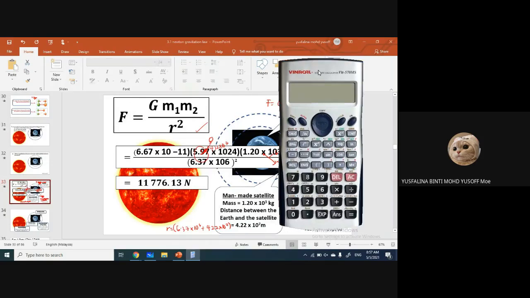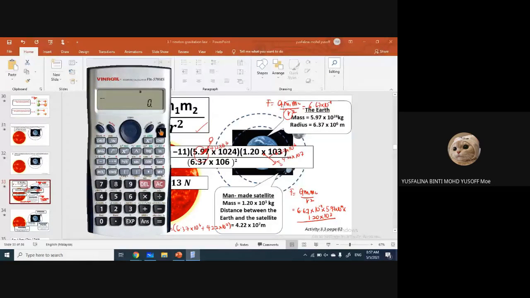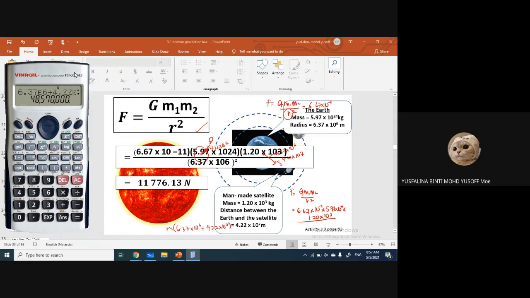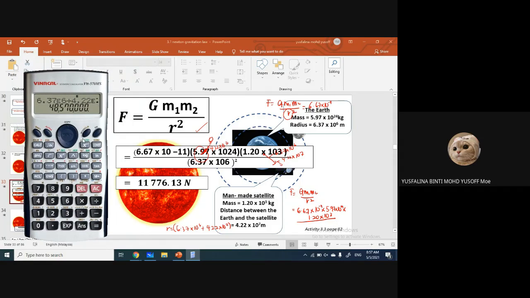If you add, you will get 6.37 exponent 6 plus 4.22 exponent 7.